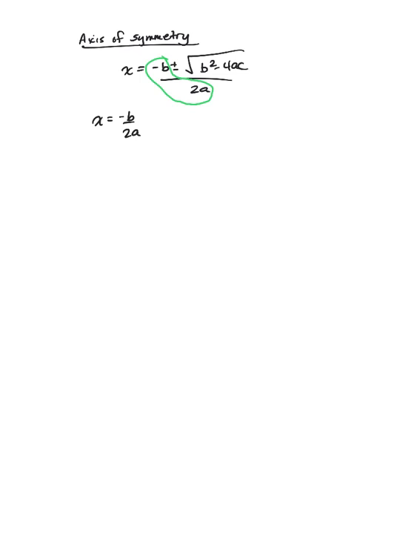And then you also want to remember that if you take this axis of symmetry and you substitute it in, because this is an x value, if you sub this in into your function, you will get the y value it's paired with, right?